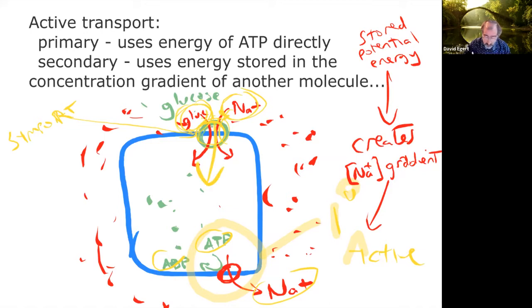So this starts pulling the glucose in along with the sodium. The sodium is going to come in because there is this big gradient, but it can only come in if it drags glucose along with it. So what we are actually doing is called secondary active transport.